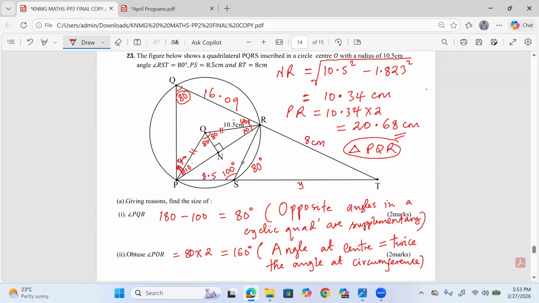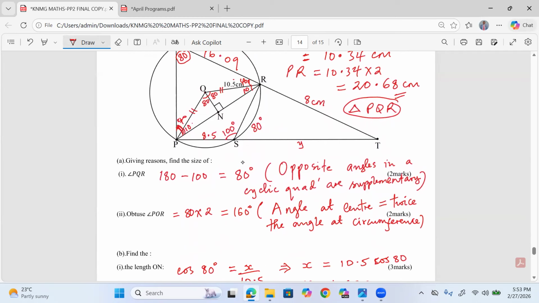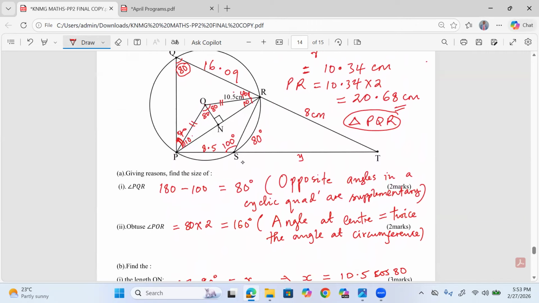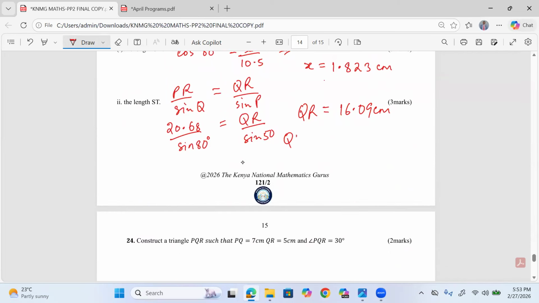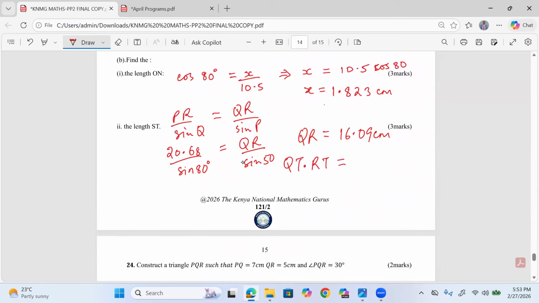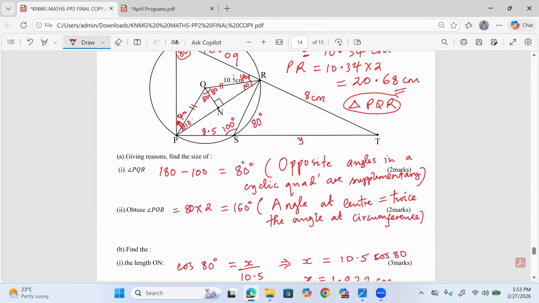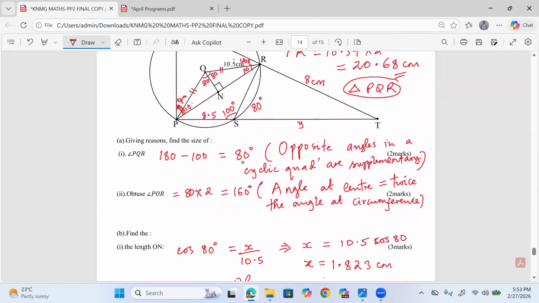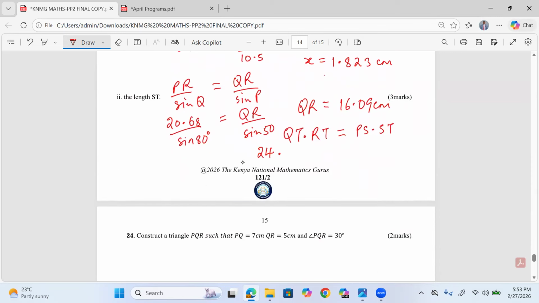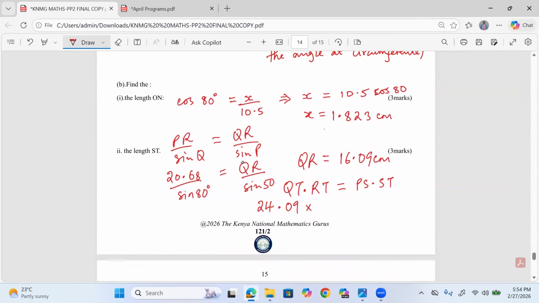RT is 8. So now we can consider intersection of chords. Chords intersecting externally: we usually say the total length QT times RT should be equal to the other chord PS times ST. So here QT equals 16.09 plus 8, that becomes 24.09. 24.09 multiplied by RT, RT is 8.